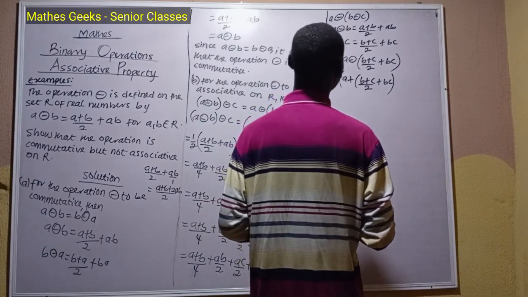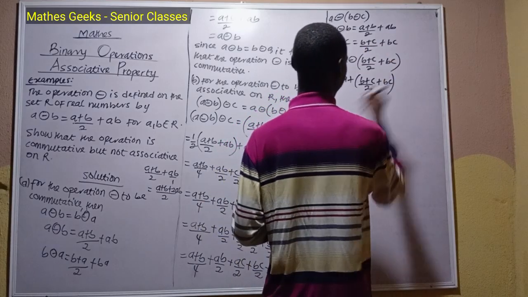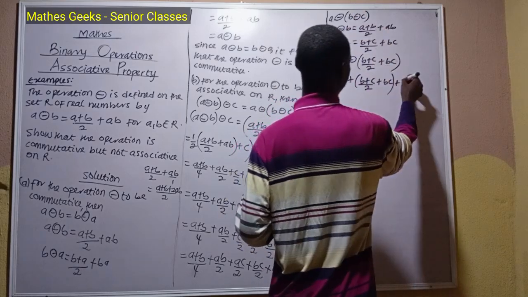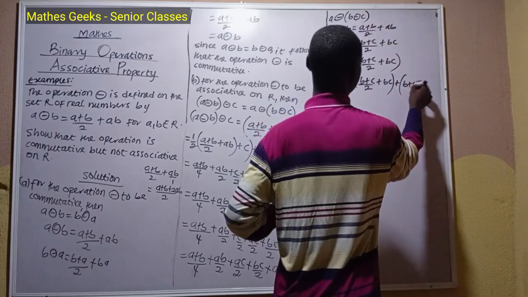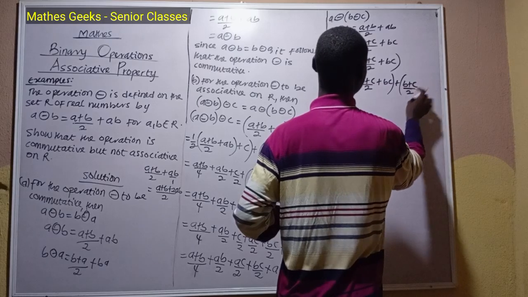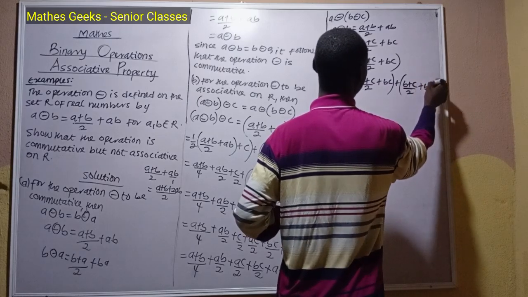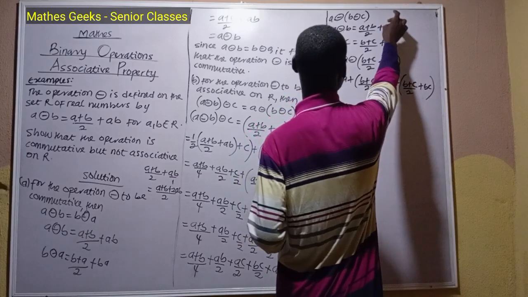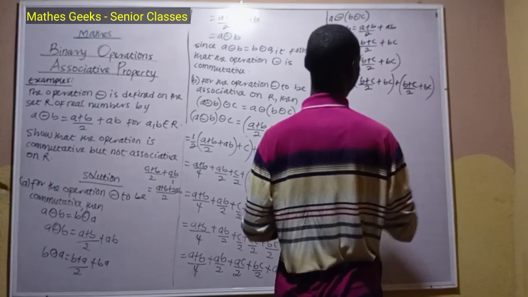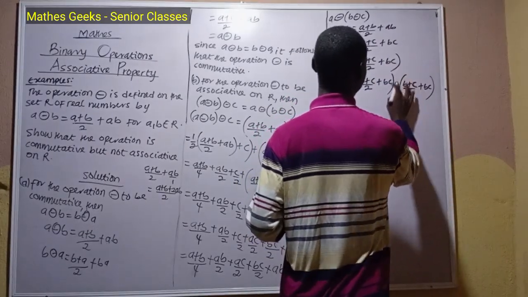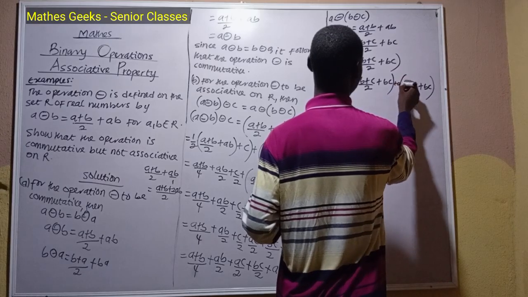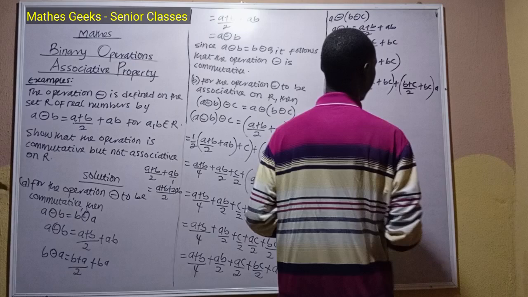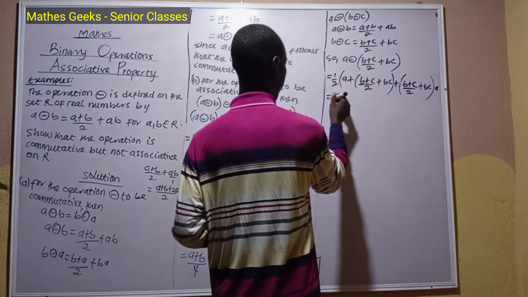And then, okay, this part is done, plus B. B is B operation C, which is B plus C over 2 plus BC. And then A times A. Okay, this is equal to plus A, multiplied by A.